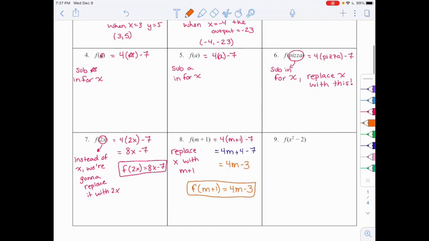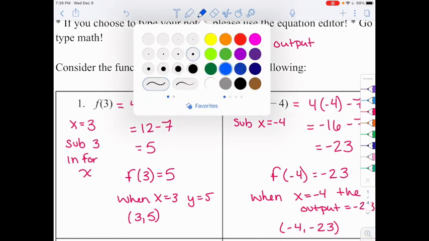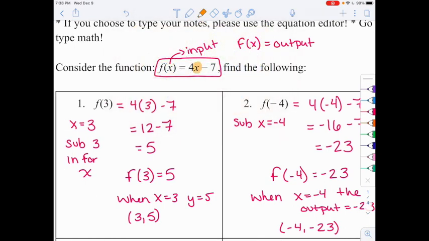And then here I'm going to sub in a quadratic. I'm going to replace x with x squared minus 2. So I'm going to have 4 times x squared minus 2 in parentheses minus 7. Notice from my original, the only thing that is changing is this x, right?